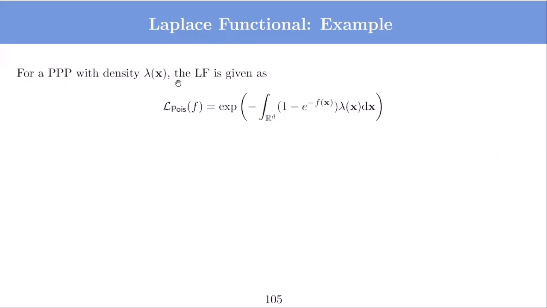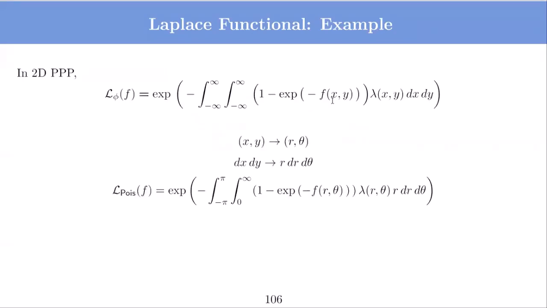And for a PPP with density lambda(x), the Laplace functional is given as the exponential of minus the integral of 1 minus e to the power minus f(x), times lambda(x) dx. And you can notice this is just replacing g on the PGFL by e to the power minus f(x).